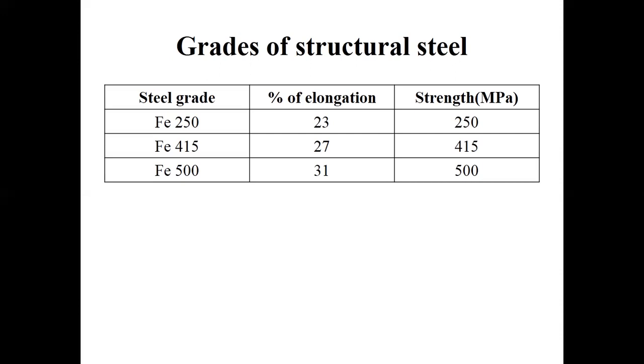Under reinforced section means the steel should yield first, compared to concrete. For that purpose, we use the yield stress in reinforced concrete design, whereas in the design of steel structures, we use the ultimate strength. Ultimate strength is different from yield stress, which you all know about.